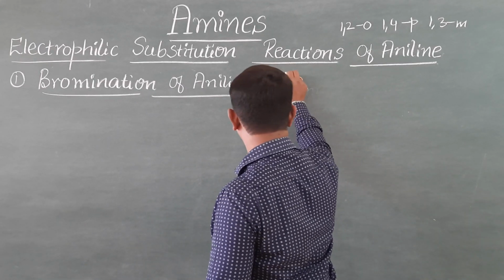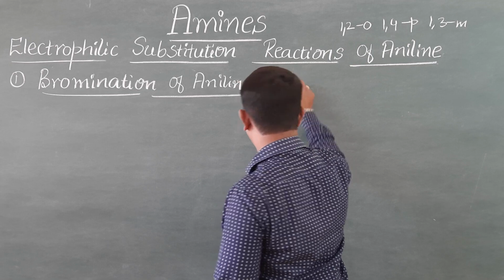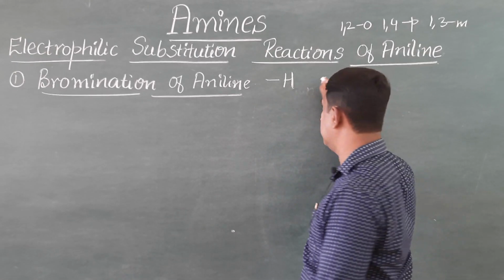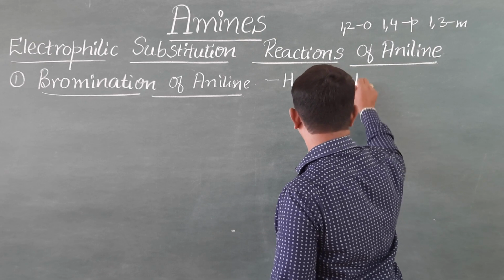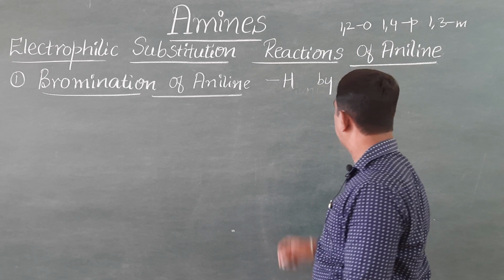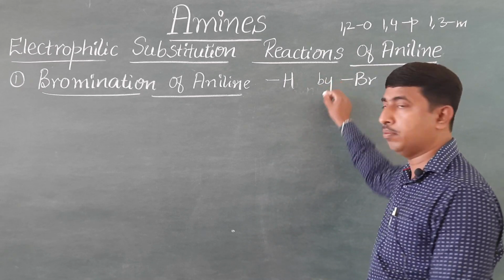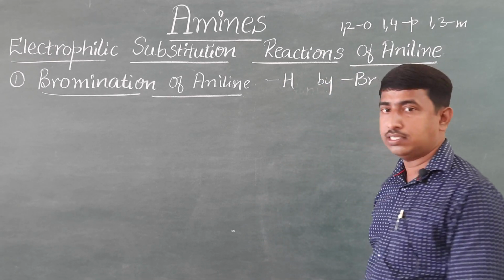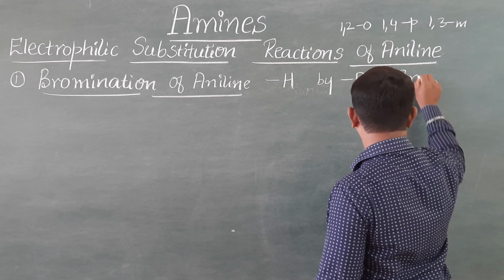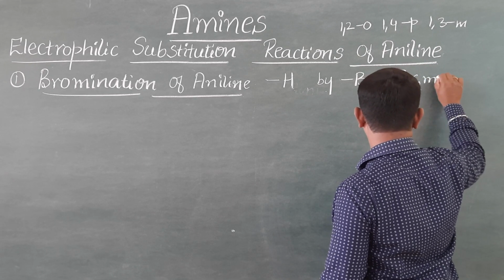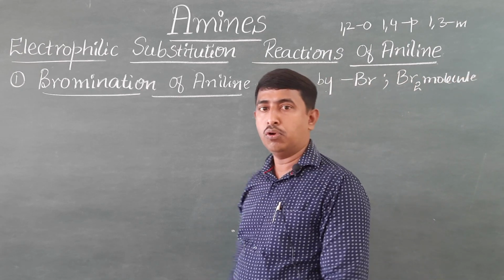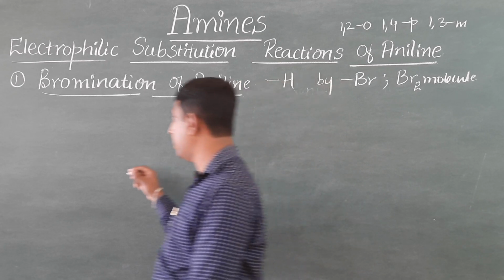Bromination means replacing hydrogen atom of a benzene ring by bromine. For bromination we require bromine molecule. Let us write the equation.